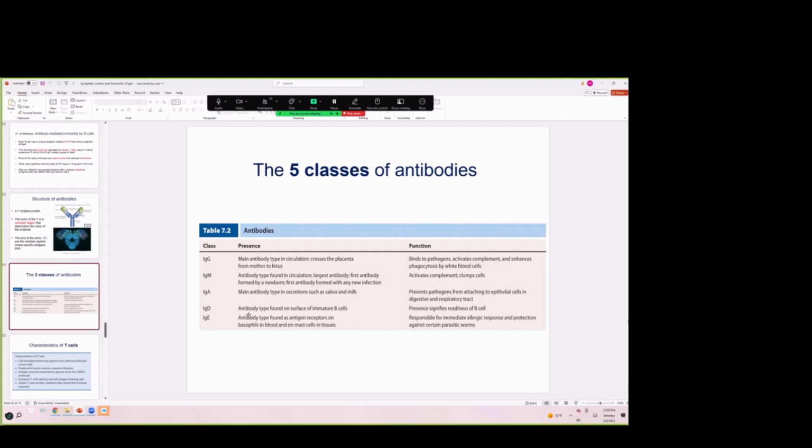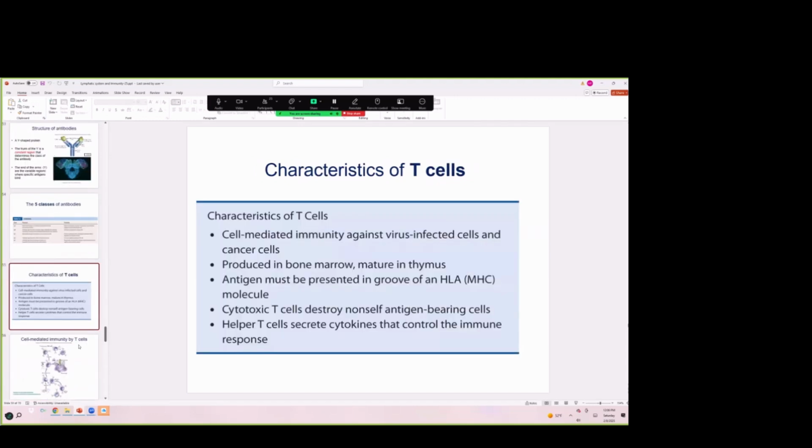And then the IgD is the kind of antibody that is on the surface of immature B cells. And then the IgE is the one that is usually responsible during an allergic response.